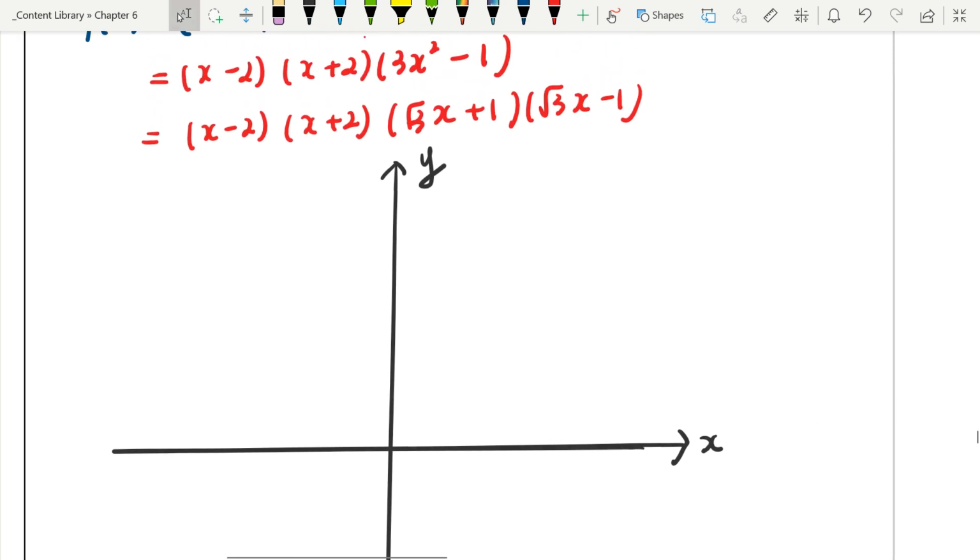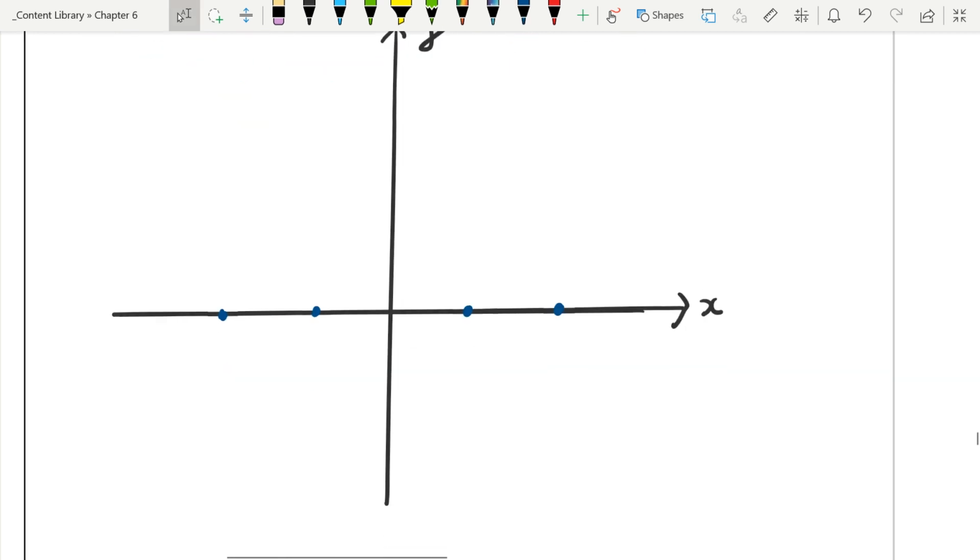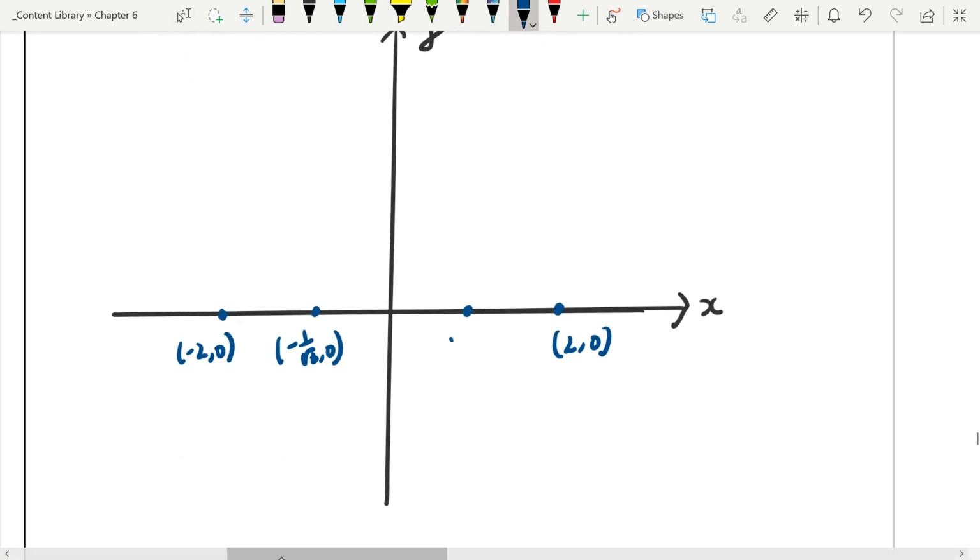2, yeah. Yes. And what's the y-intercept?